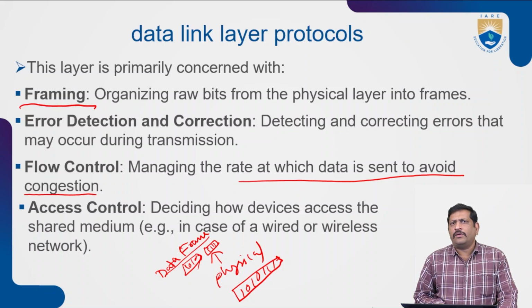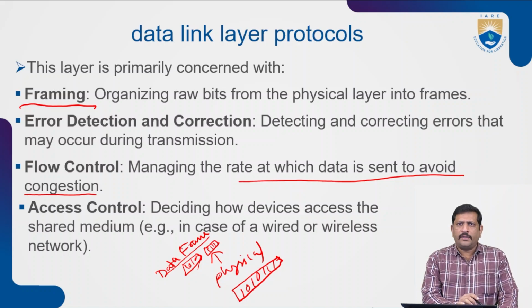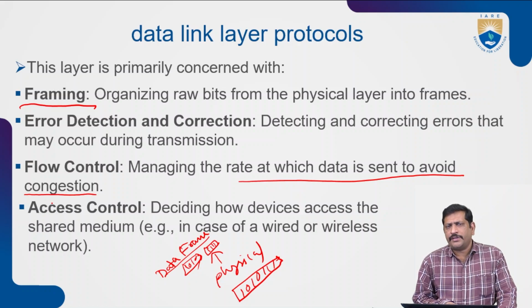The flow of data is controlled with the help of the data link layer, and data loss can be avoided by the flow control mechanism, so the expected data can be sent to the destination.